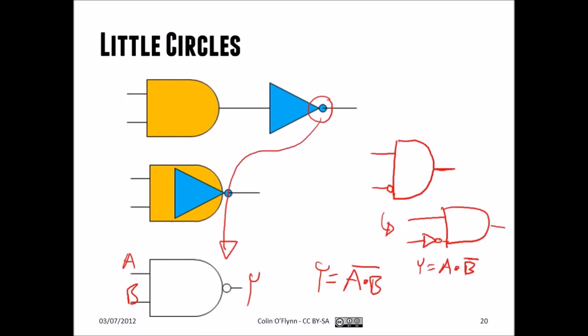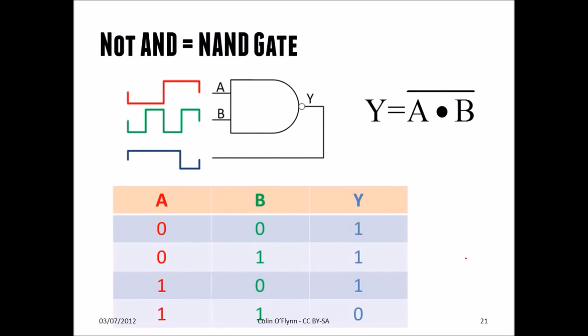So as promised, this is creatively named the NOT AND gate, or the NAND gate. So y, as I said, is equal to a and b inverse. So the truth table is just the opposite of the AND gate. So the output is 1 as long as both inputs are not the same.